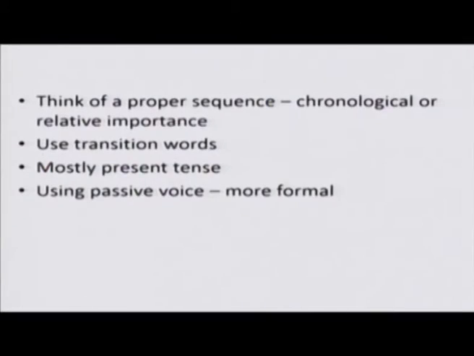If you are preparing an advisory process analysis, then you can arrange points according to relative importance. Then you need to use transition words. We will look at some examples.